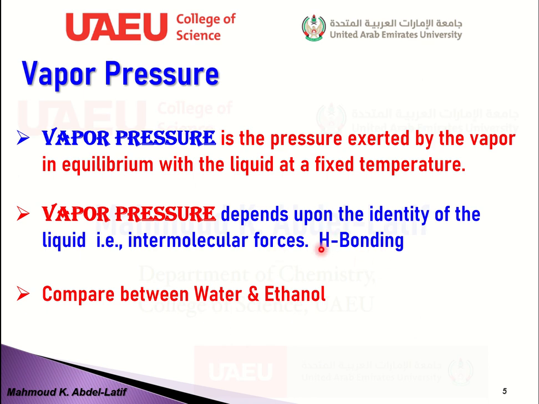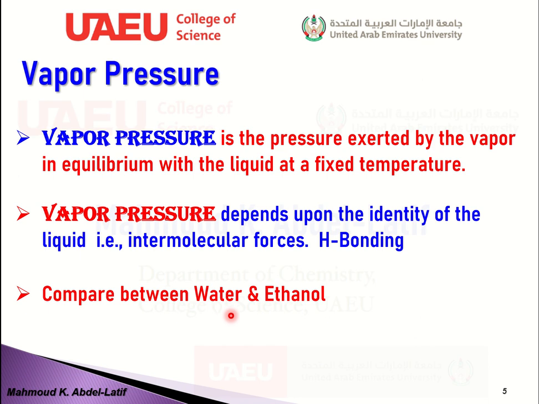Comparing two different solvents like water and ethanol, we will find that the vapor pressure of ethanol is higher than the vapor pressure of water. This is attributed to the different intermolecular forces between like molecules for each solvent.